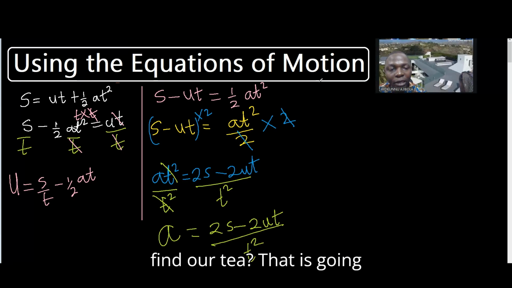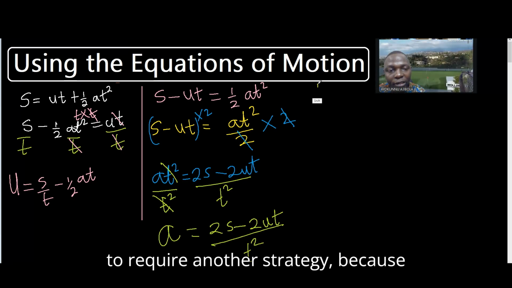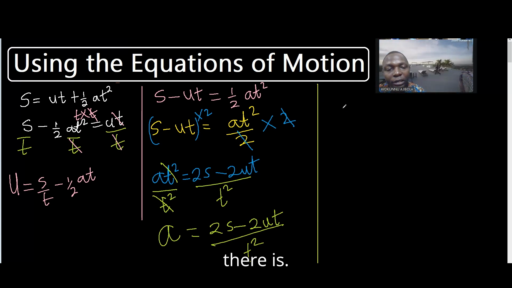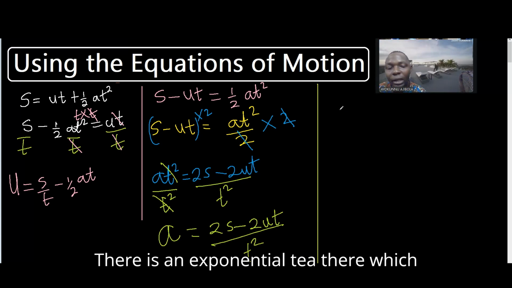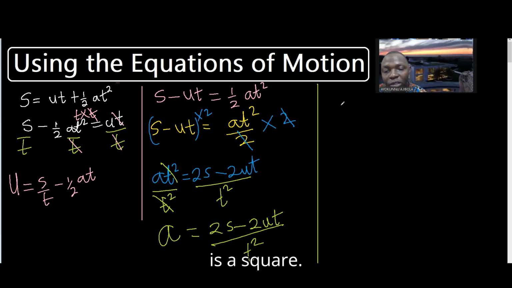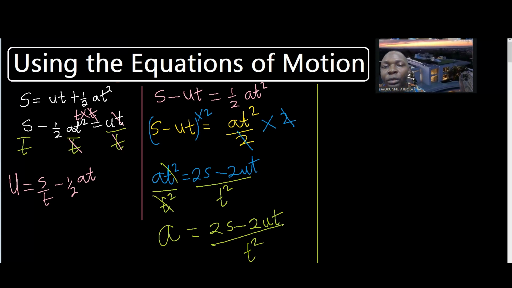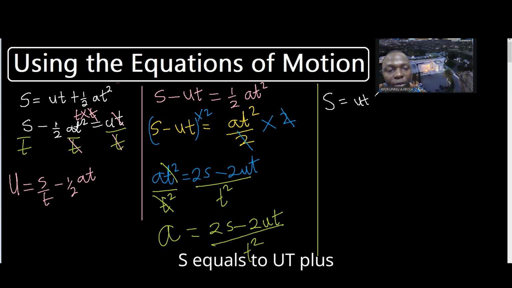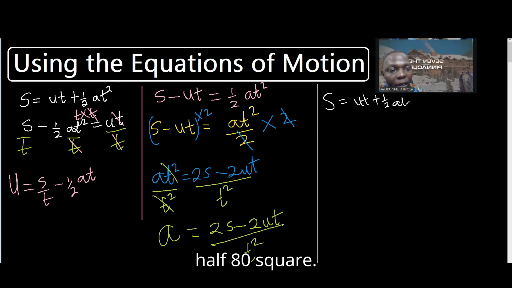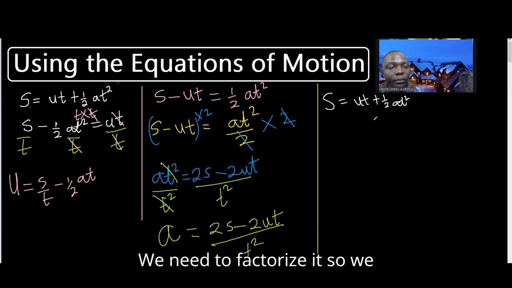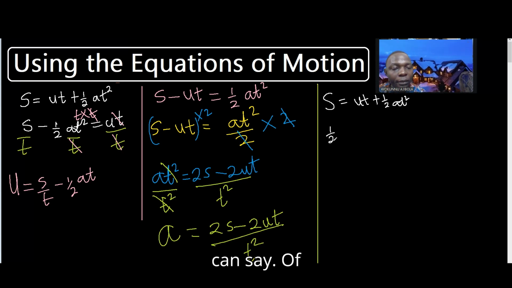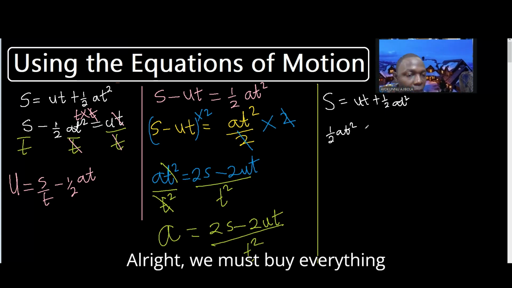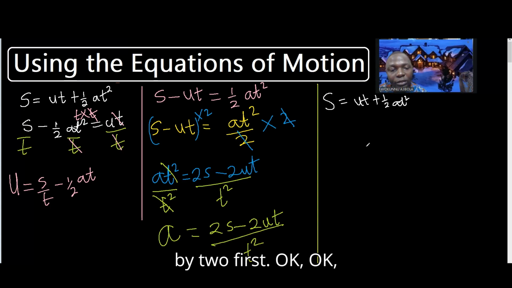Now, how can we rearrange it to find our T? That is going to require another strategy, because there is an exponential T there, which is a square. So to find T from S equals UT plus half AT squared, we will need to factorize it. We multiply everything by 2 first, okay?